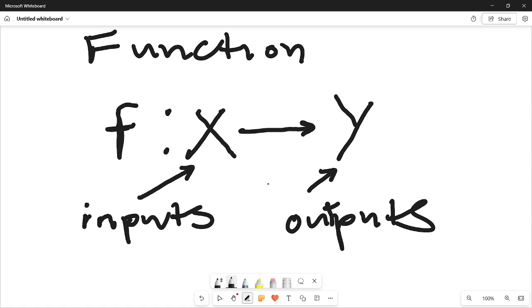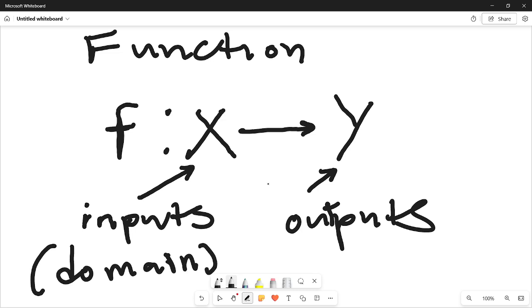The inputs in this case are the ones that we are calling the domain, and the outputs are the ones that we are calling the range. So keep these terms somewhere. We're going to use them later.